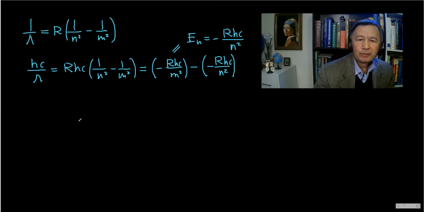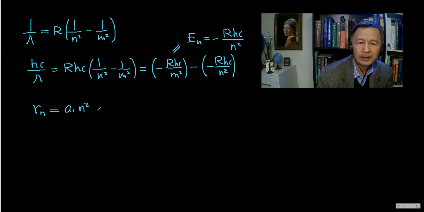Now, Bohr's contribution is that he actually obtained two formulas. One is a formula for the radius of those stationary states, or circular orbits. That is a1 multiplied by n squared, where n equals 1, 2, 3, 4. And more importantly, he found the formula for the total energy.